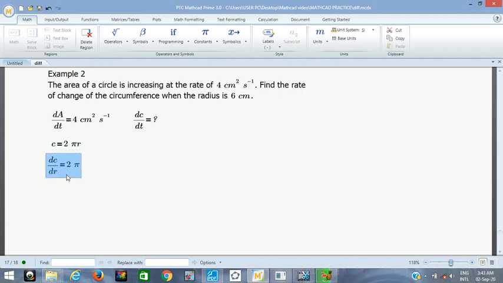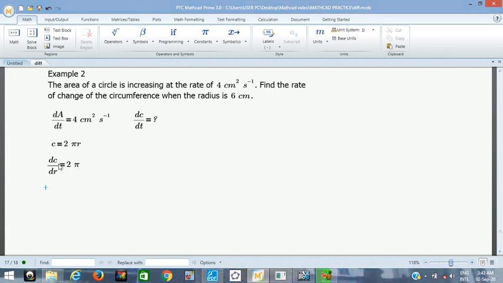Remember our basic rule of differentiation. The power of r is 1, which multiplies 2 pi, then the power of r becomes 1 minus 1, which is 0, and r raised to power 0 is 1. Since 2 pi is a constant, that is the result.